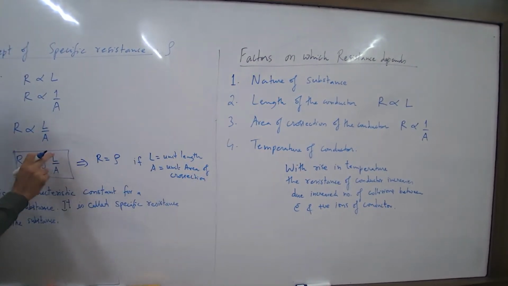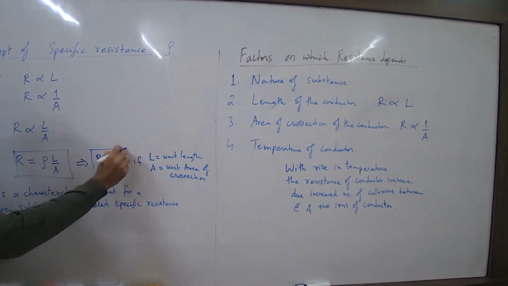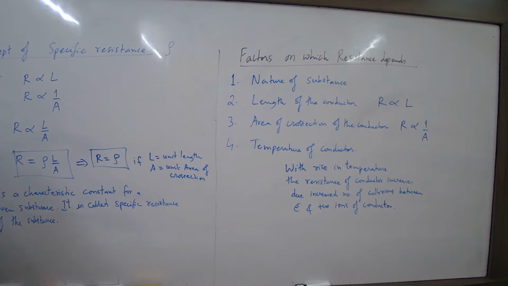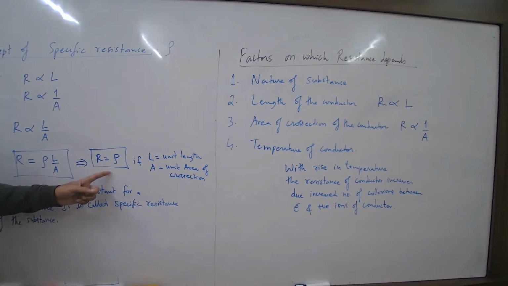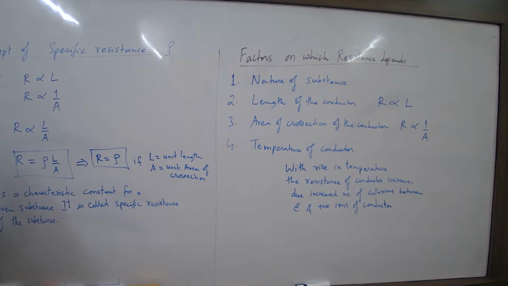So what is the definition of specific resistance? It is numerically equal to the resistance of conductor of unit length and unit area of cross-section. That is how we define specific resistance. So it will be same, because it is defined only for unit length and unit area of cross-section.